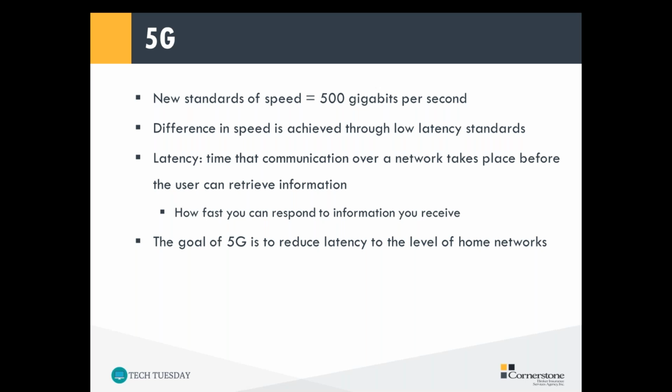The goal of 5G is to reduce latency to the level of ISP latency. The level of latency that you experience at a home network should be next to nothing, as long as you're not connecting through a Wi-Fi connection. The goal is to get wireless connection speeds up to that level. So that's really what defines a 5G network versus a 4G network.